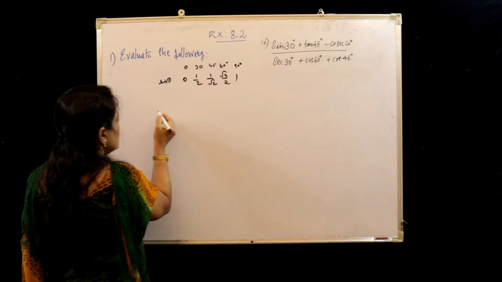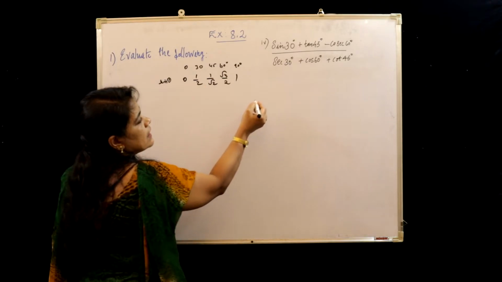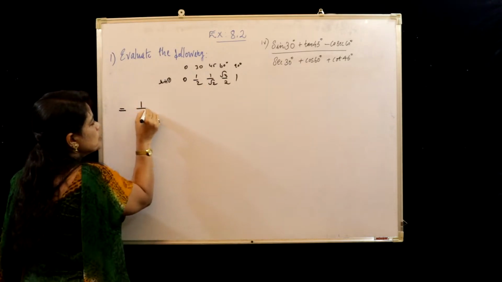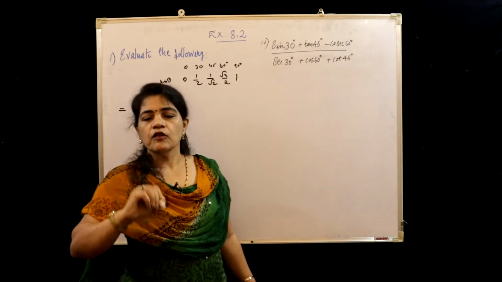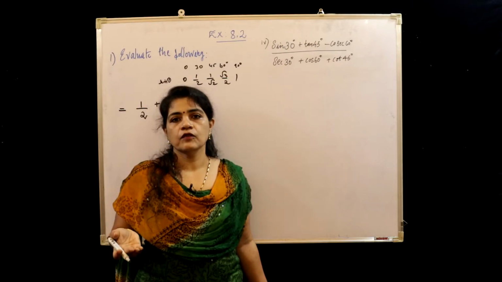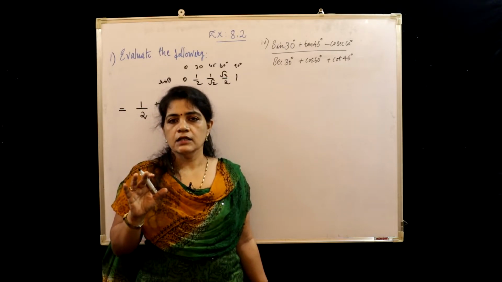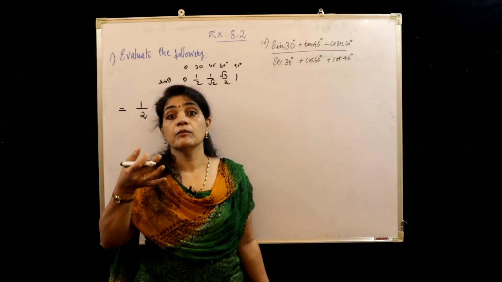So this is equal to sine 30 is 1 by 2, plus tan 45. Tan 45 and cot 45 both are 1. By the quotient relation, tan 45 equals sine 45 divided by cos 45.